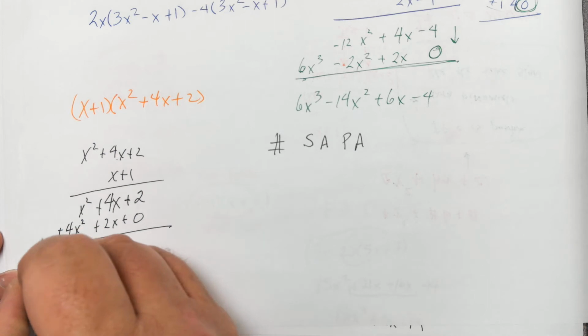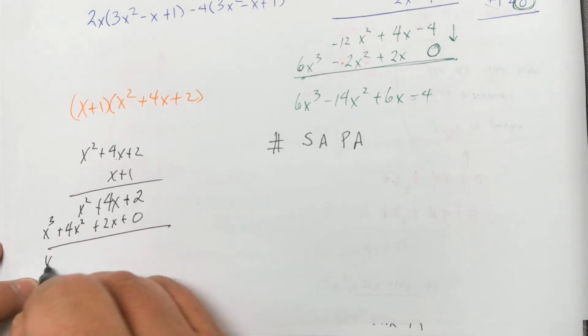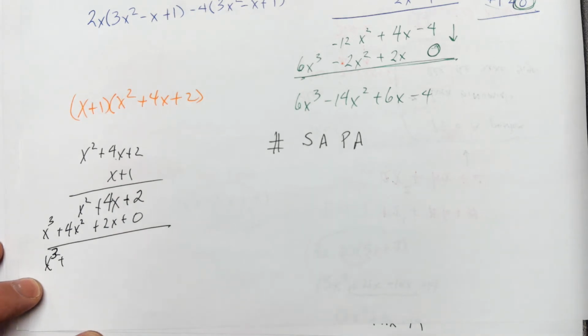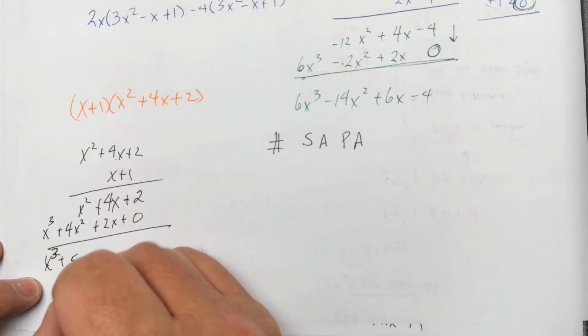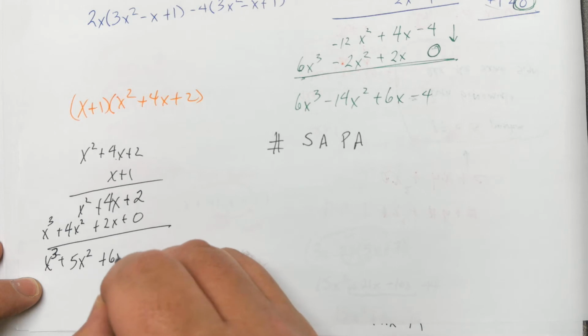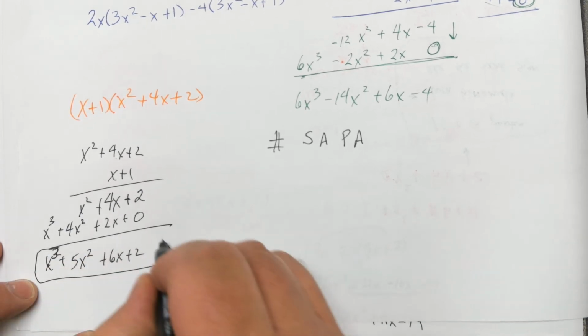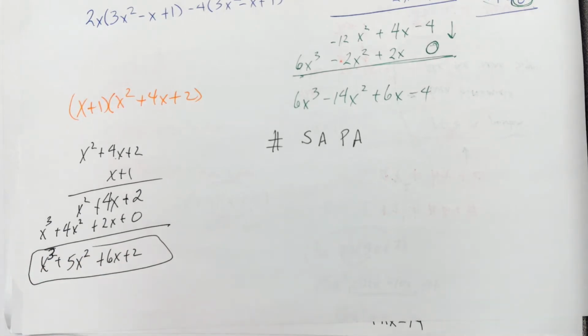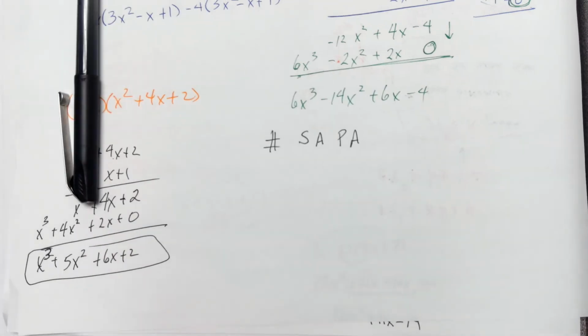And then x cubed. So x cubed plus 5x squared plus 6x plus 2. Yeah? I wasn't too sure about that 5x. Mic drop.